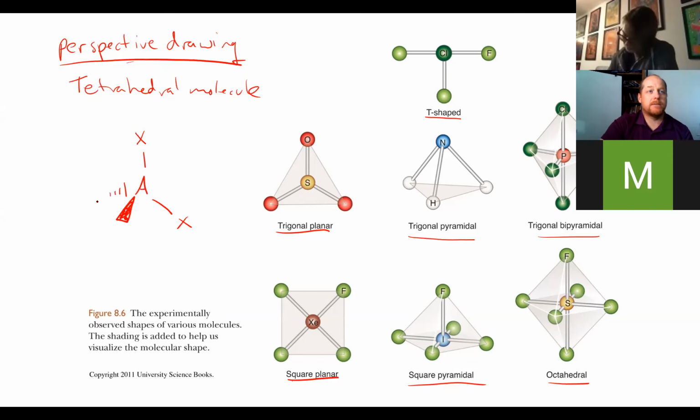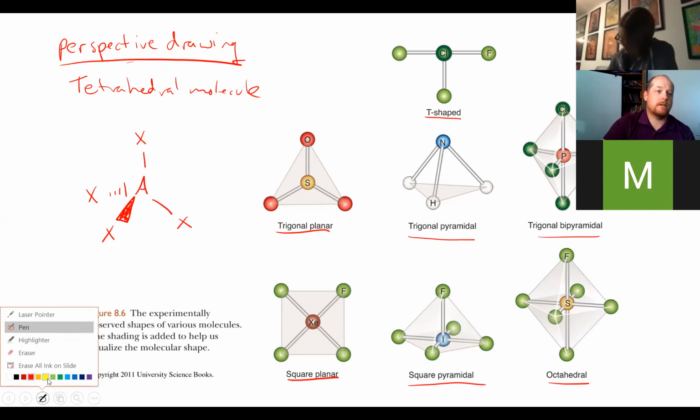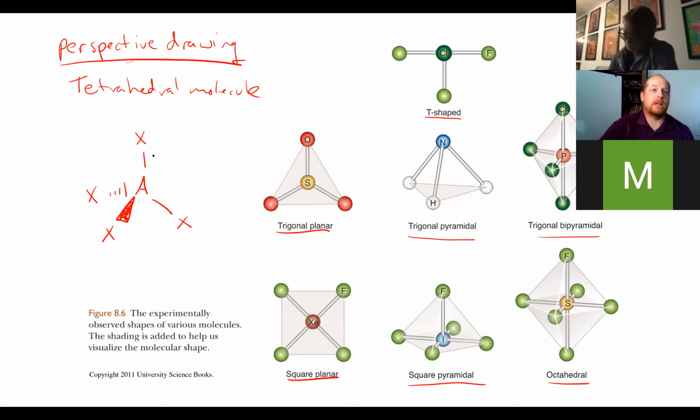And that is the lines. Okay, so when we have a line, that's a bond in the plane of the board, the page, whatever you're looking at, screen, page, right?